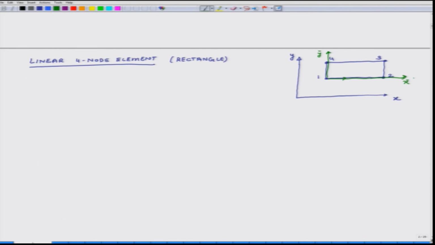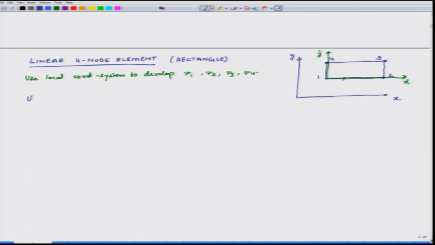To develop the interpolation functions for this rectangular element, we will use a local coordinate system to develop psi 1, psi 2, psi 3 and psi 4. Okay.